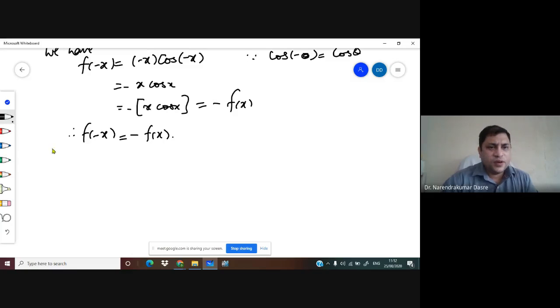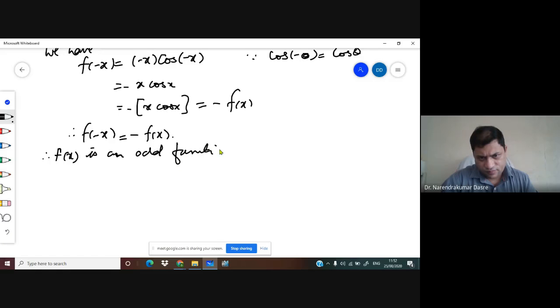Hence f of x is an odd function, and if it is an odd function, we know a0 is equal to an is equal to 0.